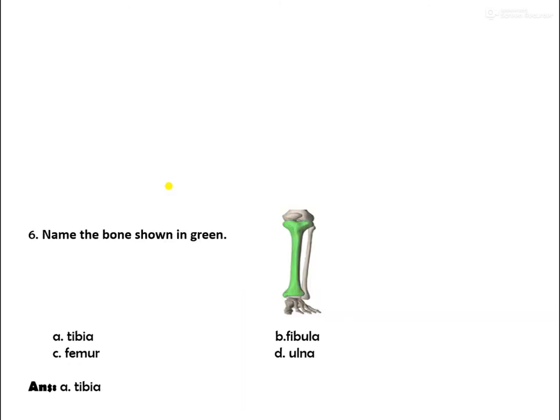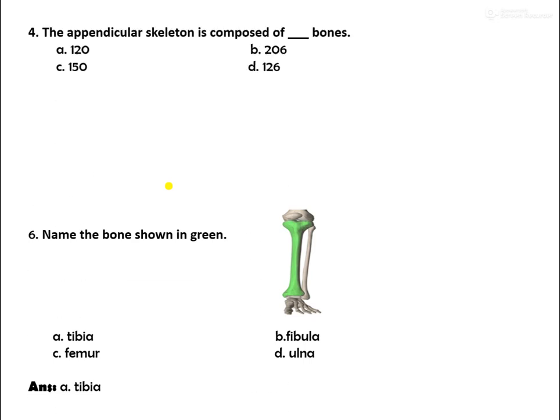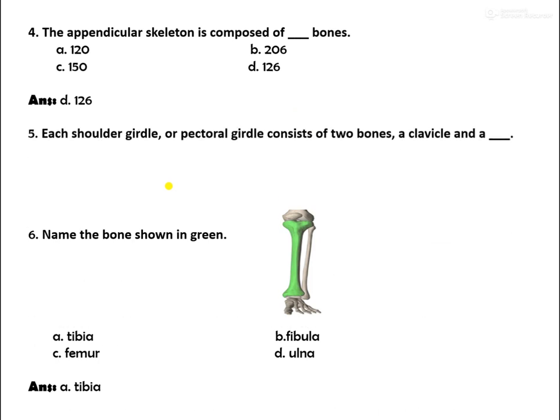Answer is the tarsal. The appendicular skeleton is composed of 126 bones. Each shoulder girdle or the pectoral girdle consists of two bones, which is the clavicle and the scapula. Name the bone shown in the green, which is the tibia.